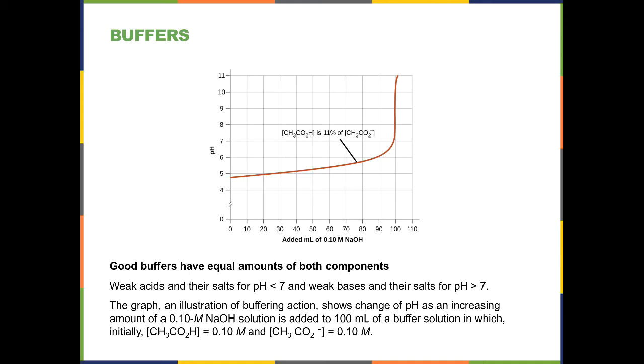The graph is an illustration of the pH change with the addition of various amounts of sodium hydroxide. You can add 100 milliliters to this system before it is exhausted, and at that point, it becomes exhausted and the change is rapid.